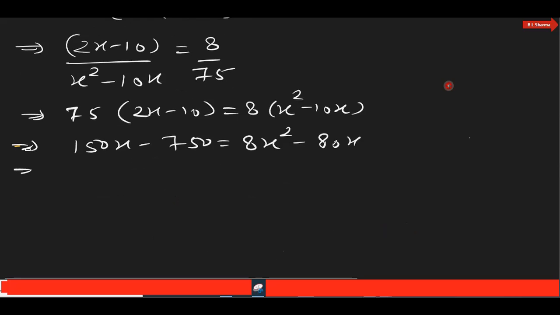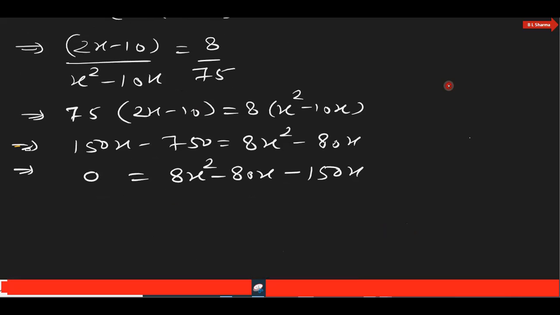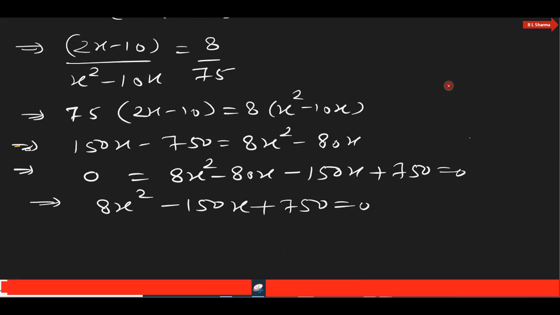And further we can write, left hand side 0, 8x square minus 80x minus 150x plus 750 is equal to 0, or 8x square minus 150x plus 750 is equal to 0.